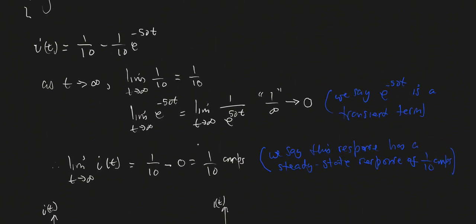We can identify that, for instance, in this example, we had a constant term and a decaying exponential term. So we knew what would happen when you added those two terms together. This term approaches 0, this term approaches 1/10, so their difference approaches 1/10, and that's where we get the steady state response.